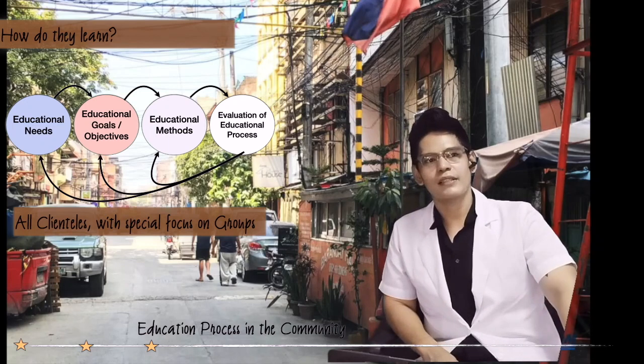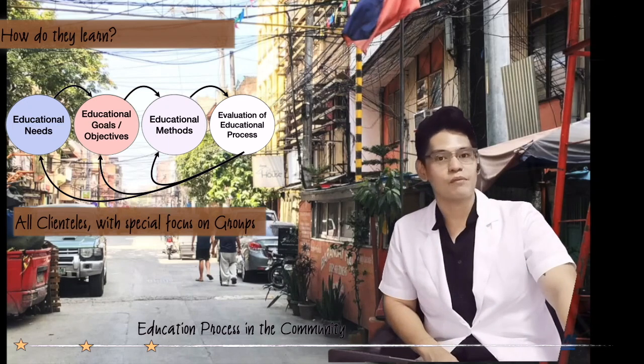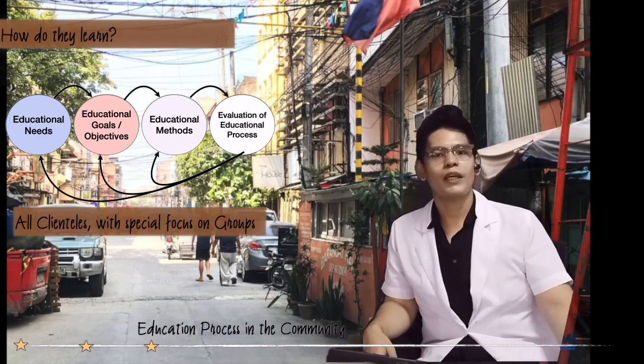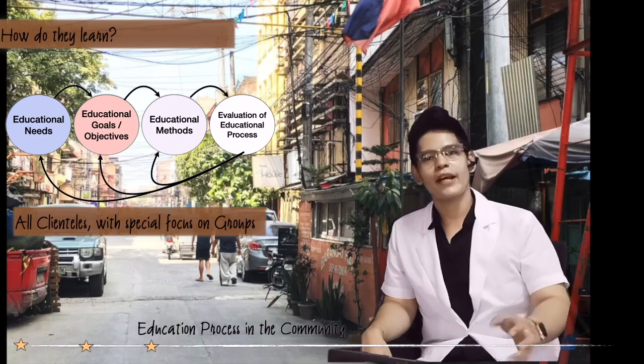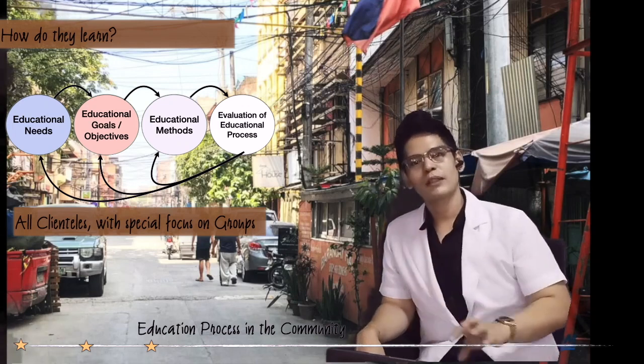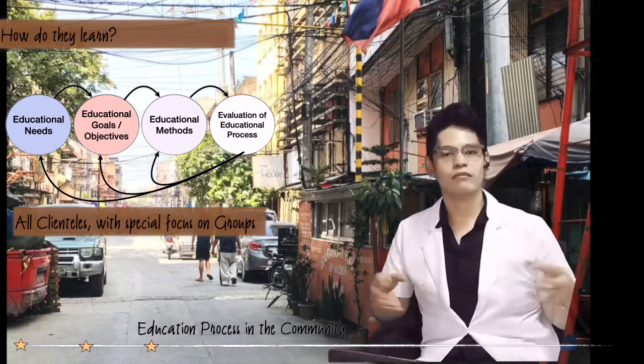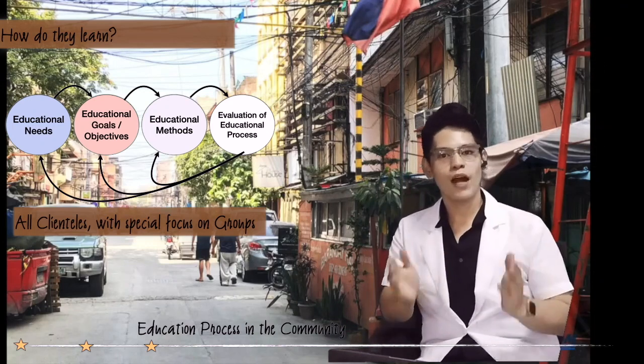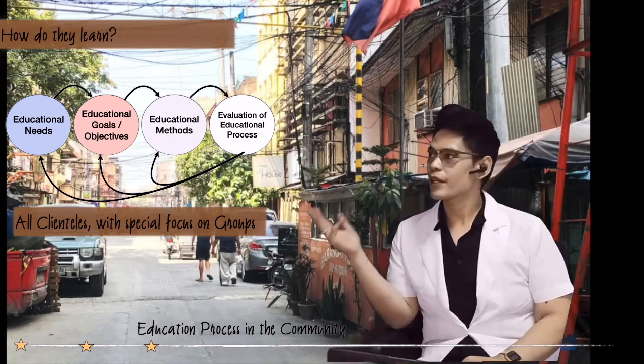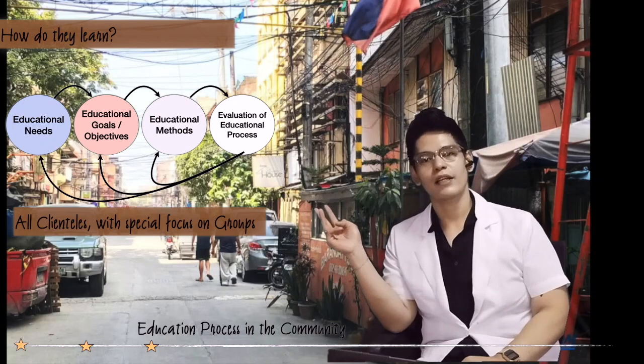We have discussed education with the use of nursing informatics. You can also use that one. And lastly is to evaluate the learning process, not only the learning of the learner, but also of the educator itself, together with the different processes that have been undertaken in the three previous steps.